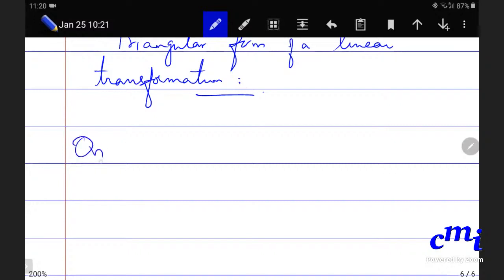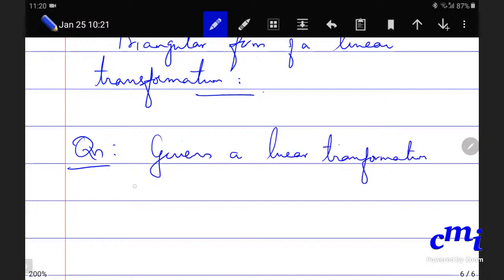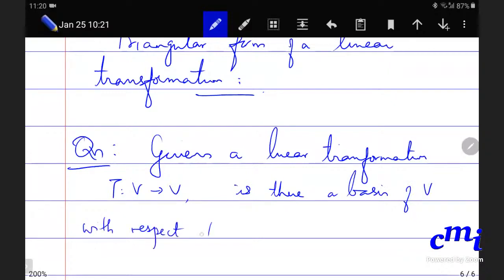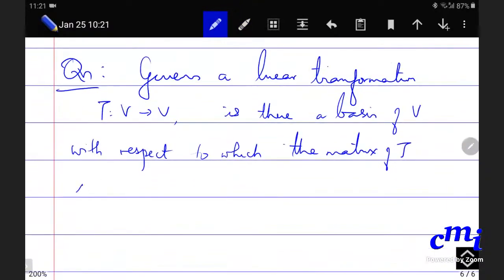So the question is, given a linear transformation T from V to V, is there a basis of V with respect to which T has a triangular matrix?